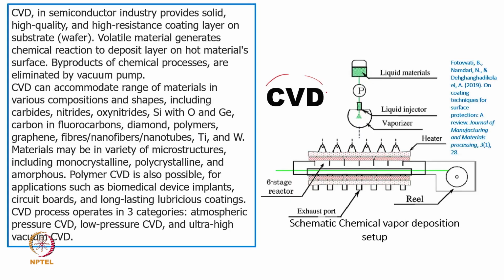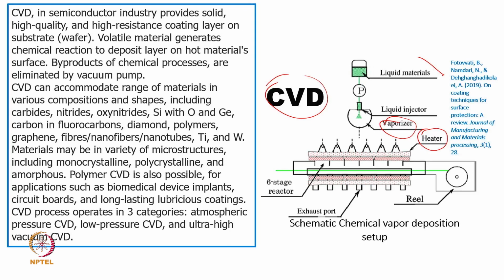The second one is CVD, and in CVD also we use materials and the same sort of vaporization, and then we go ahead with some sort of heating arrangement. That is what the heater shown over here is for, so that the material is heated and can react with the chemicals and go through a chemical reaction.